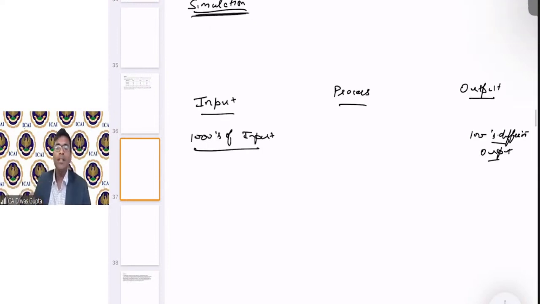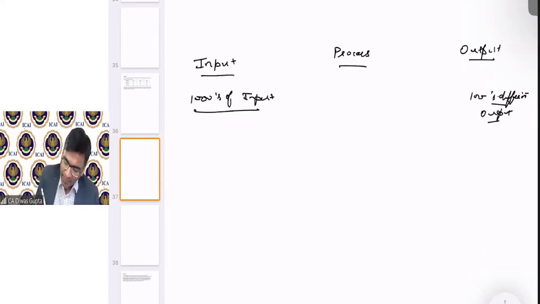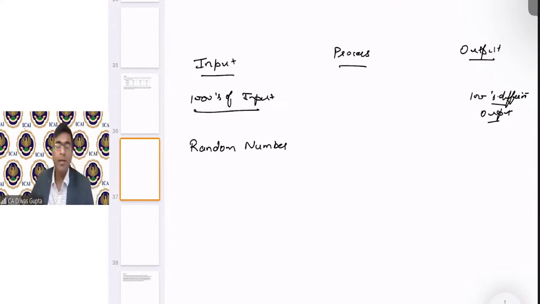Okay. Now, how these inputs are derived? So, students, there is a concept called random number. Okay. By random number, what we mean is any random number. Any random number you think. Okay.